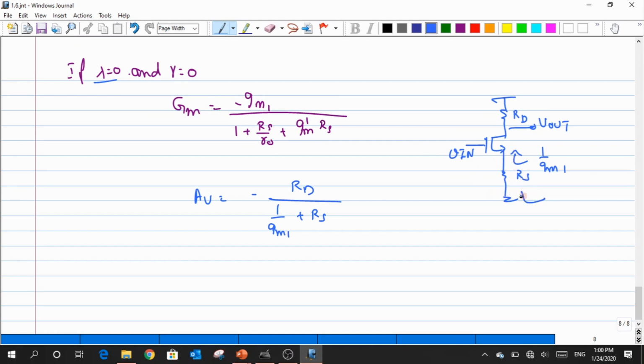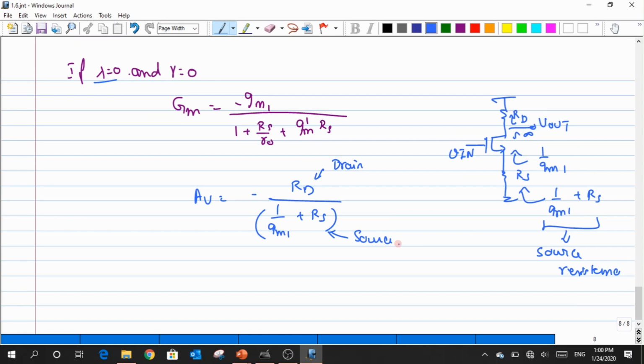So effectively, what I'm seeing here is a summation of 1 by GM1 plus RS. So this entire resistance is nothing but my source resistance, right? What about this RD? When I look up, drain resistance, and when I look down, I'm looking at an infinity. So they are both in parallel. So what I have here is nothing but my drain resistance, whereas at the bottom what I have is a source resistance.